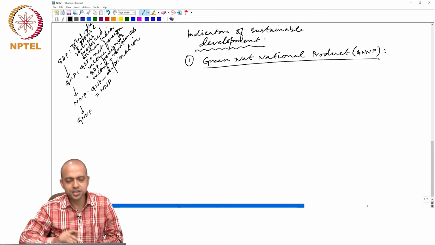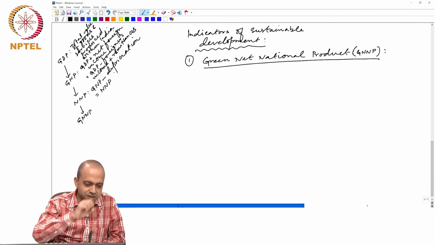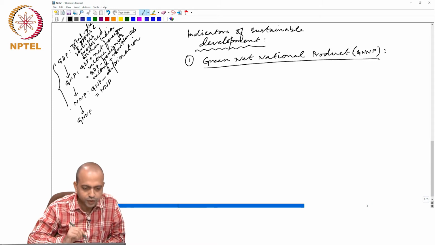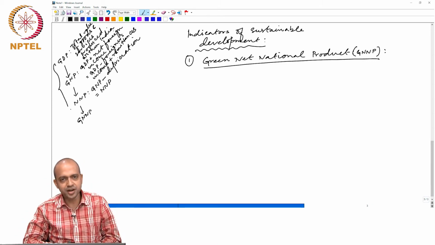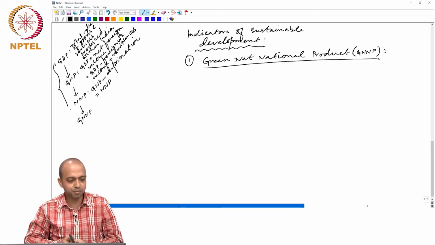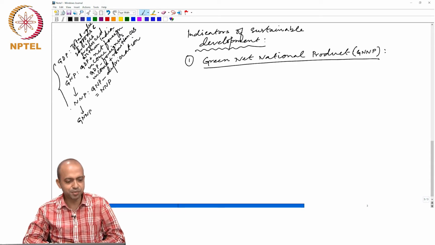So, net means after deducting the depreciation. Up to NNP we have actually studied so far. So, the standard macroeconomic framework to measure a nation's income uses any of these three indicators, either GDP or GNP or NNP, whatever.